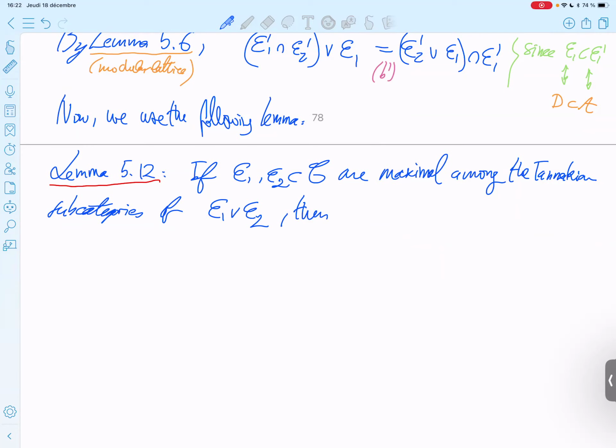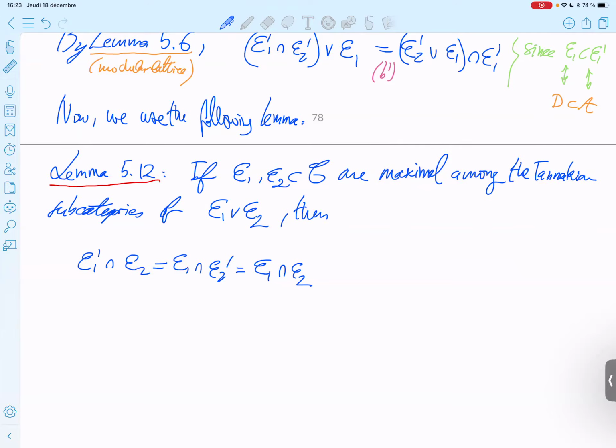Then E1 prime intersection E2 equals E1 intersection E2 prime equals E1 intersection E2.